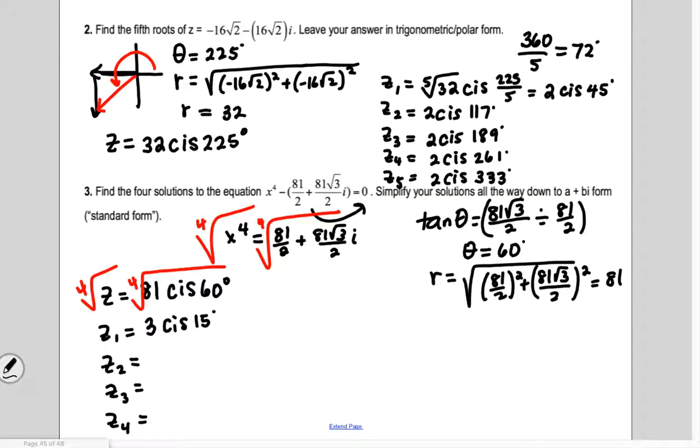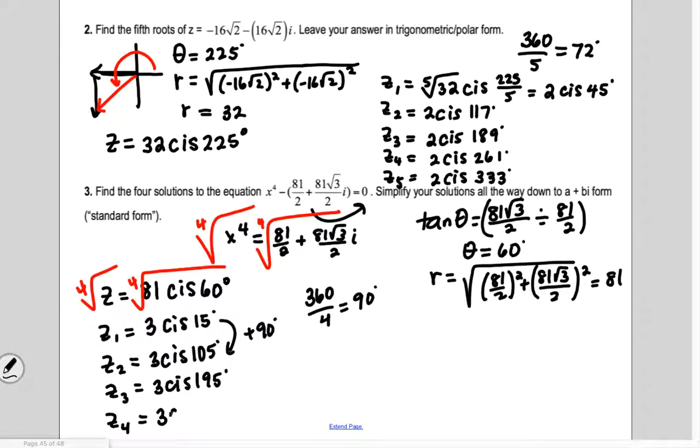What number am I going to add to each of these? 90, right? So I'm taking my 360 divided by 4, I have 90 degrees. So each time I'm adding 90 degrees. So I'm going to have 3 cosine plus i sine of 105. 3 cosine plus i sine of 195. And 3 cosine plus i sine of another 90, 285. That's it.